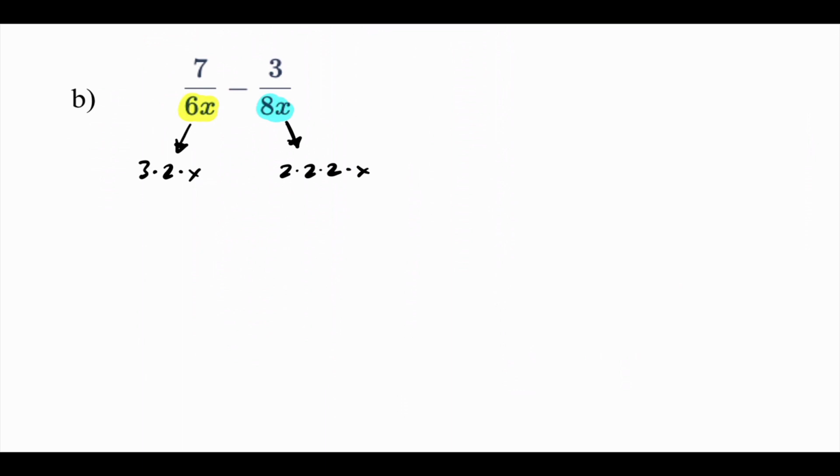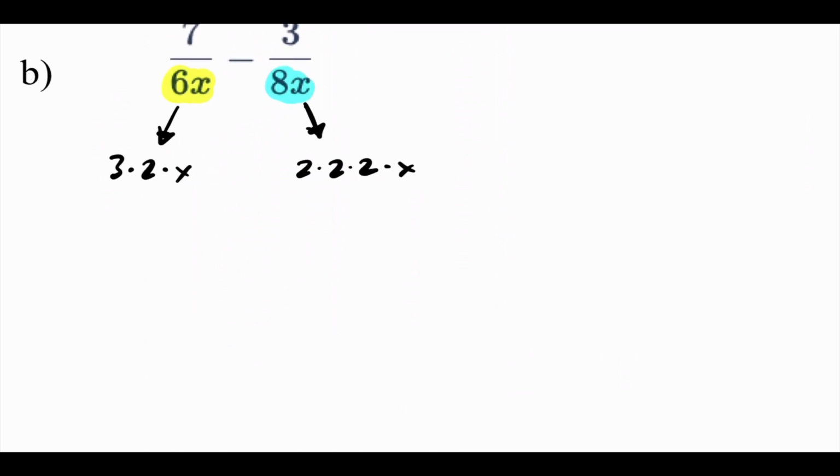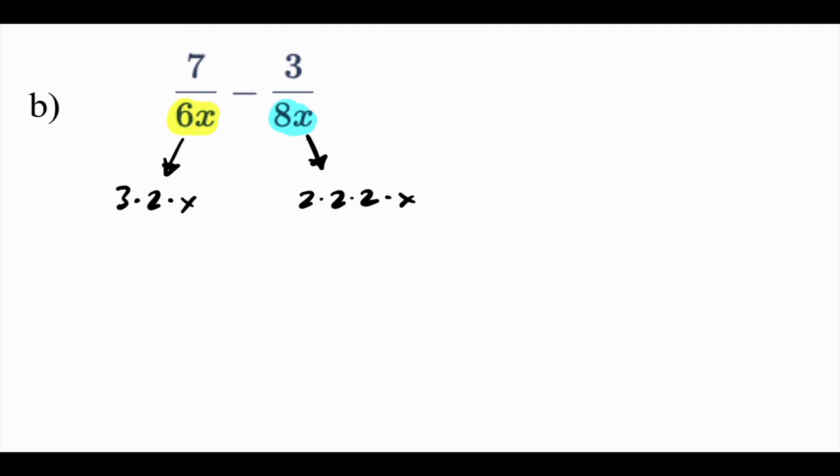Step 2, what do they need to be the same? Well, the second guy has 3 2s. The first guy's only got 1. So I need to include 2 more. Do the same to the top. The second guy doesn't have a 3.